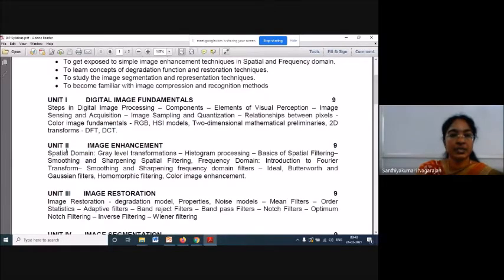We are going to enhance it by means of spatial domain and frequency domain techniques. Under spatial domain we will discuss gray level transformation, histogram processing, basics of spatial filtering, smoothing and sharpening.